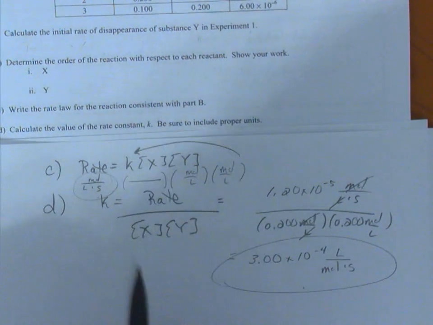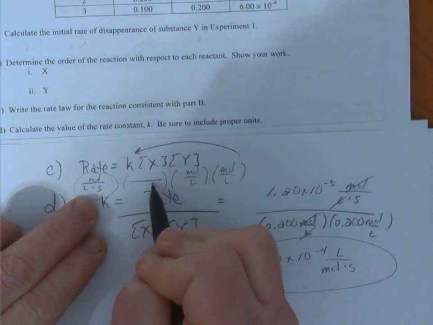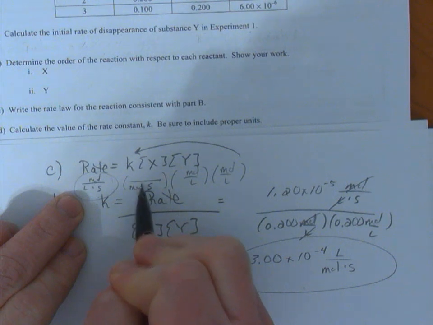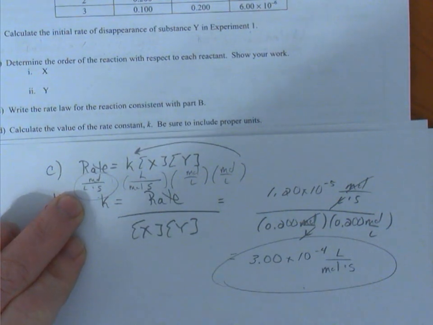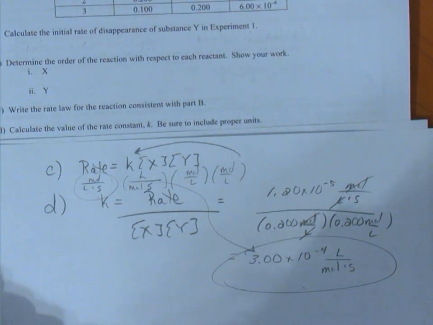Well, we absolutely know that K will deliver our unit of time. But we need to cancel one of our moles and we need to cancel one of our liters. And look at that. Ta-da! There's our value. Okay, so that's a reminder about the method of initial rates.